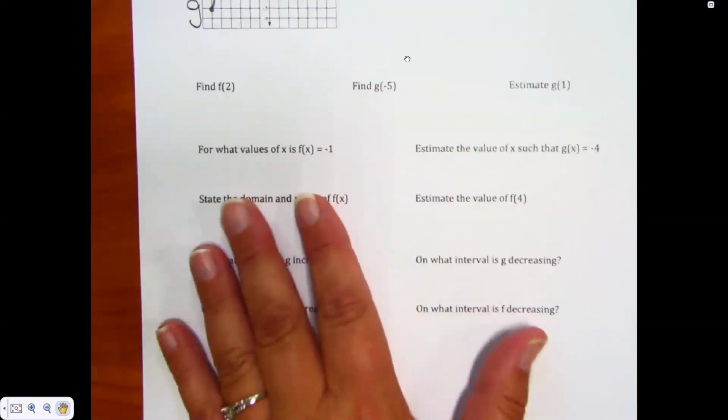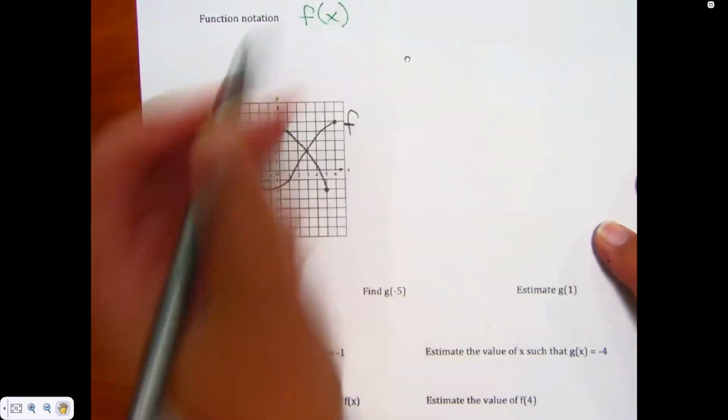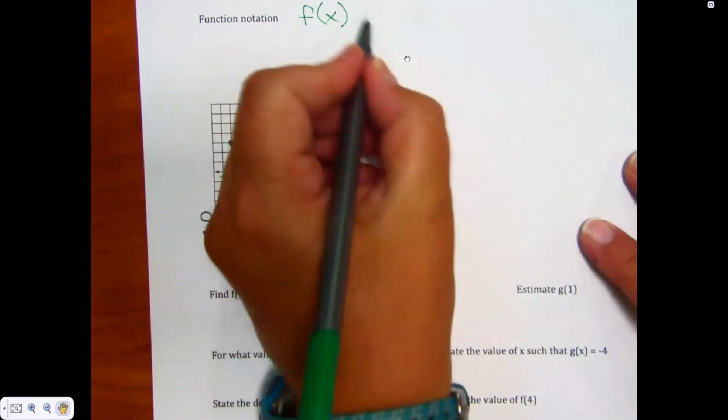All right, let's take a look at this. Okay, so now our book does something a little funky. It doesn't come up a whole lot, but function notation is f of x, right? It names the function, and it takes the place of y.